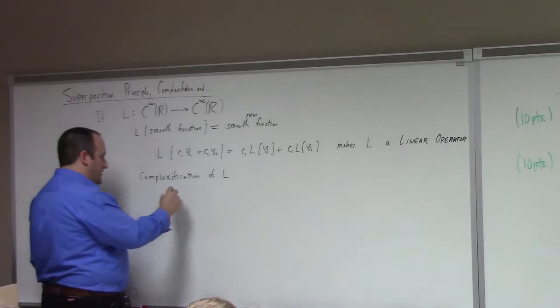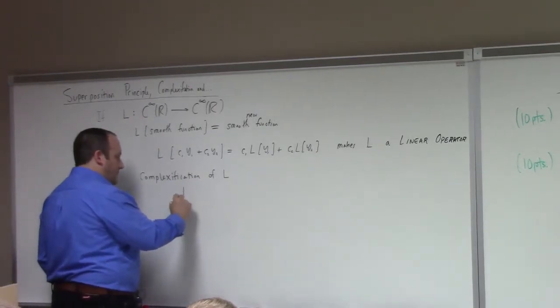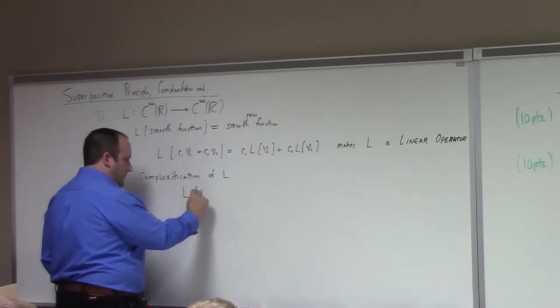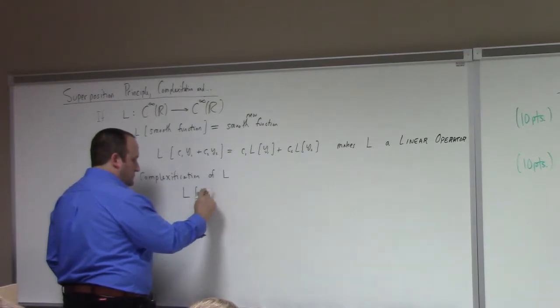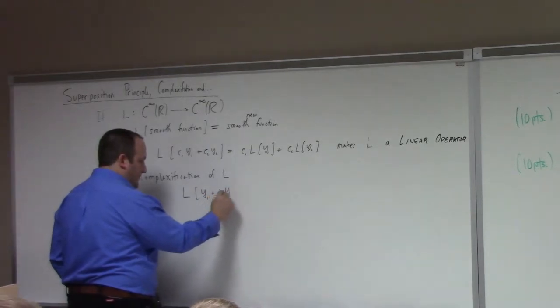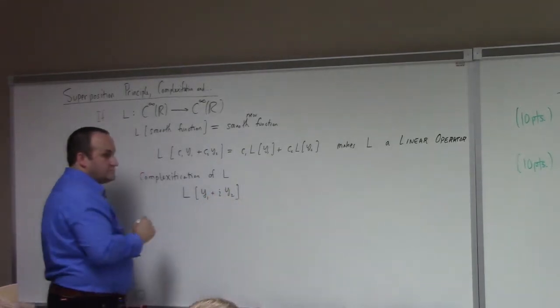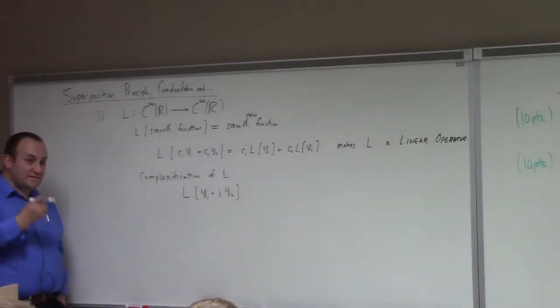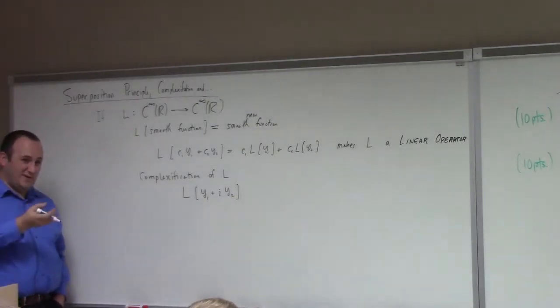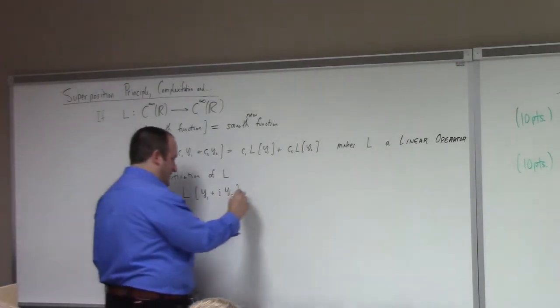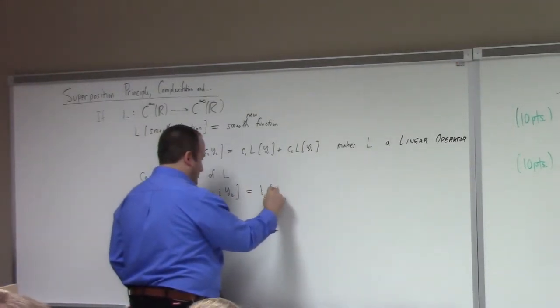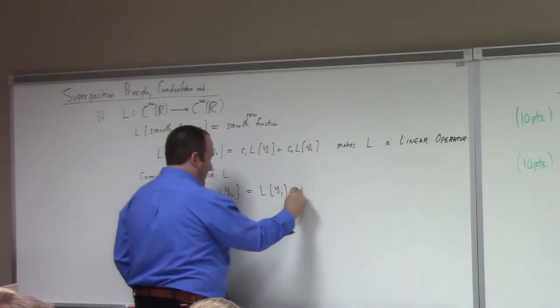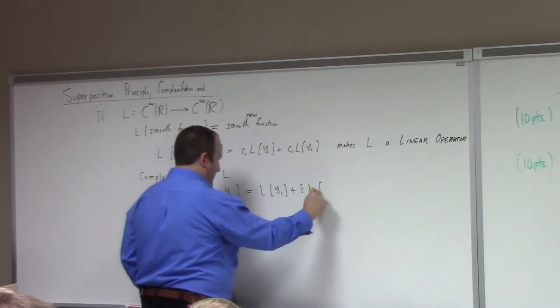We do something like L of y1 plus i times y2. Basically, we extend the operation of L to complex functions. And the way we do it is very boring. We just assume that it works out like this: L of y1 plus i times L of y2.